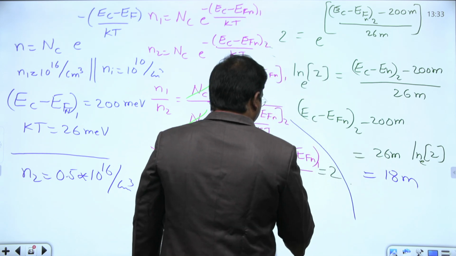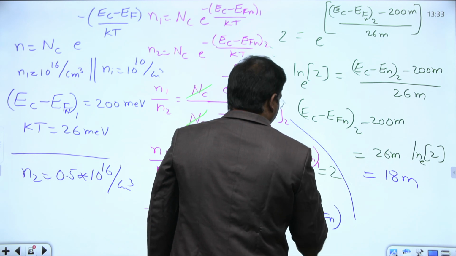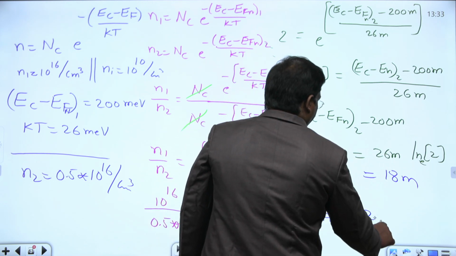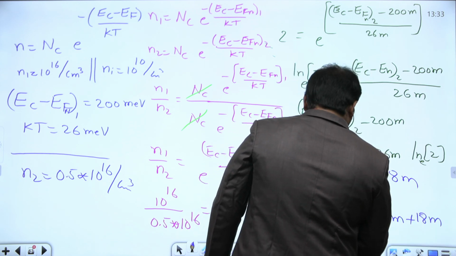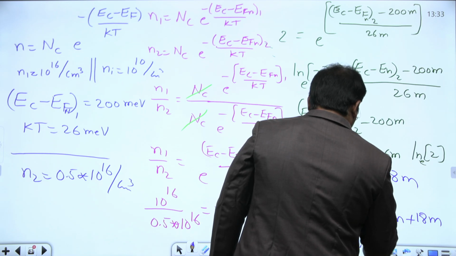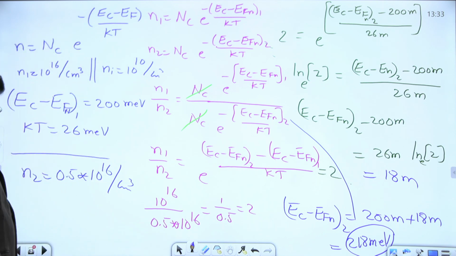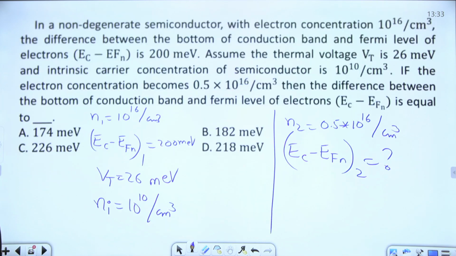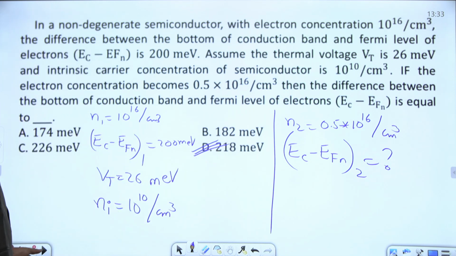Therefore Ec minus Efn of the second one is 200 plus 18, so 218 milli electron volts is the right answer. Among options A, B, C, D, D is the right answer for this question.